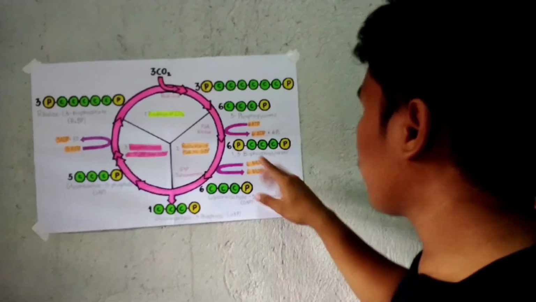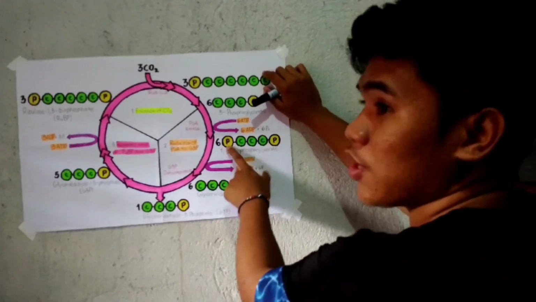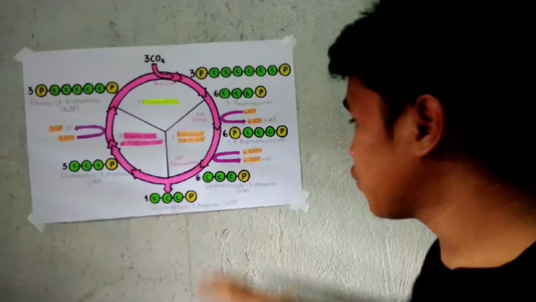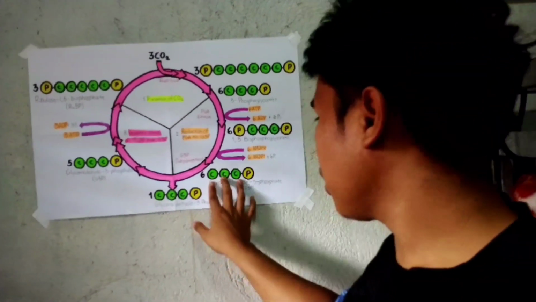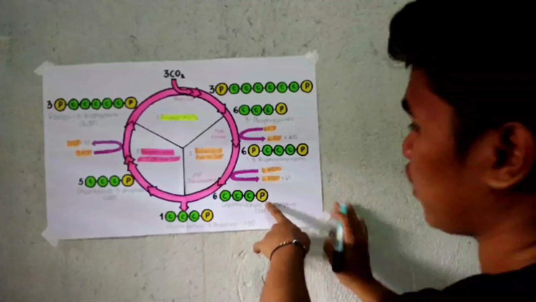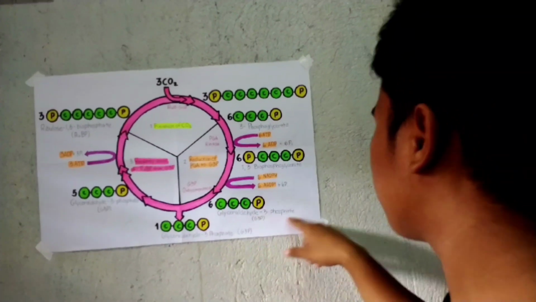Because one of its phosphates is removed, it will look like this. It carries 3 carbons and 1 phosphate group, and it is called glyceraldehyde 3-phosphate.